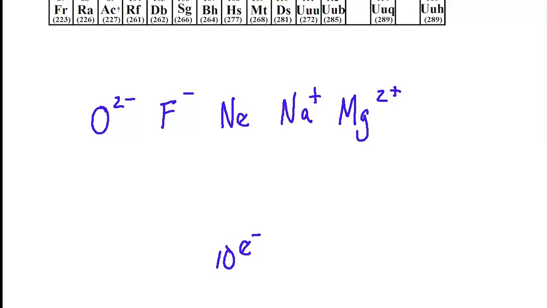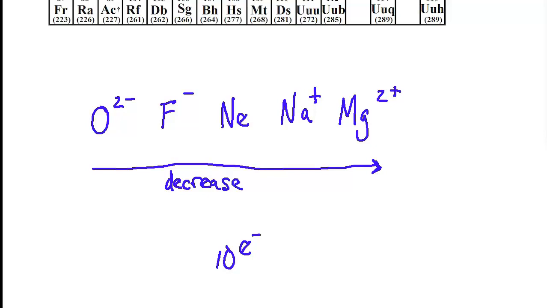Well, we know that the general trend here is that anions are going to be larger in size and cations are going to be smaller in size than their counterparts. So what we're looking at here in terms of size, even though all of these have 10 electrons, is that the size is going to decrease as I'm going this way from ionic form.